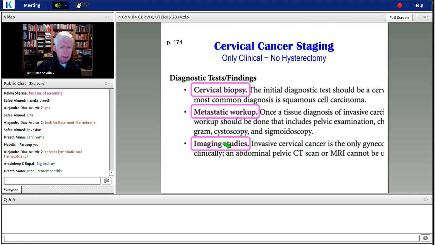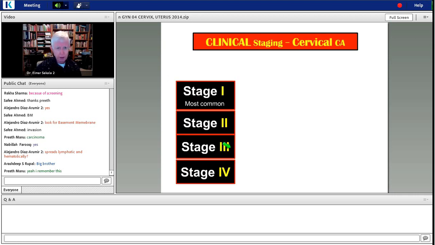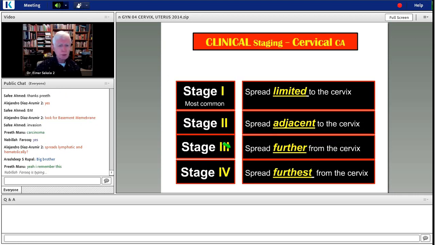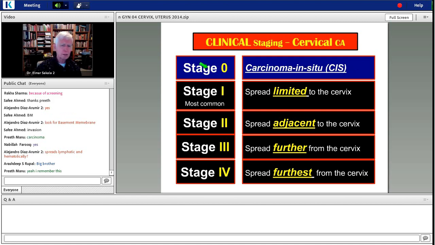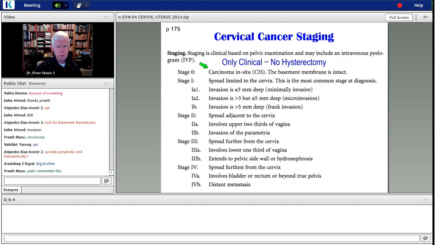But the staging is done clinically. So when we look at stage 1, 2, and 3, as I said, limited to the organ, adjacent, further spread, and further spread. And stage 0 is carcinoma in situ, which really should not be called cancer because it hasn't gone through the basement membrane. Now, this is in your book on page 175.